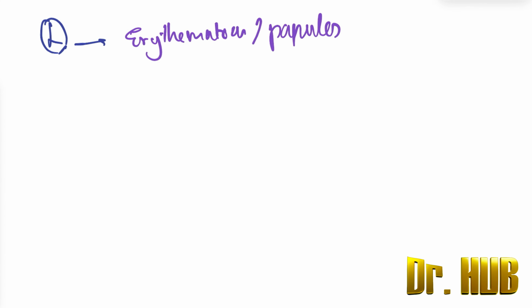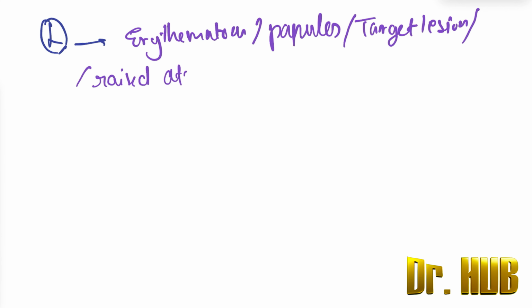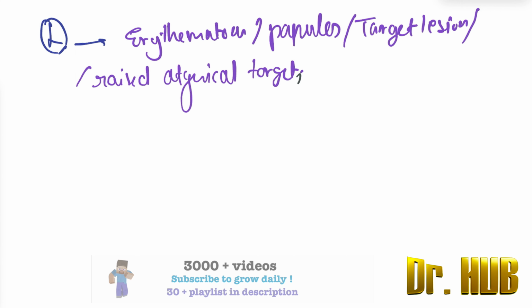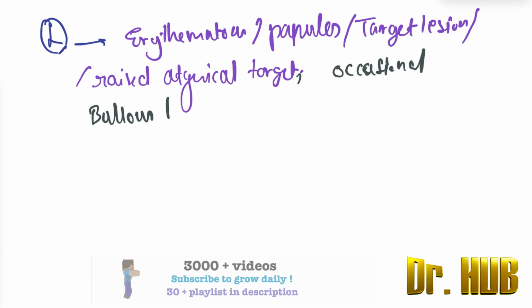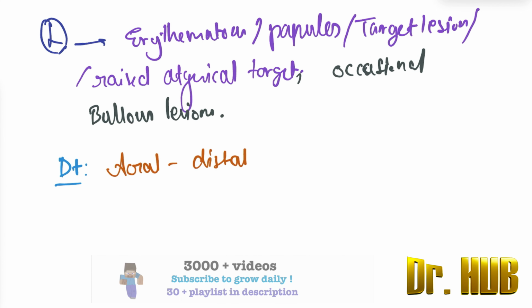There are papules and target lesions, raised atypical targets, and occasional bullous lesions. Next, we look at the distribution. The distribution is acral, on the distal extremities.